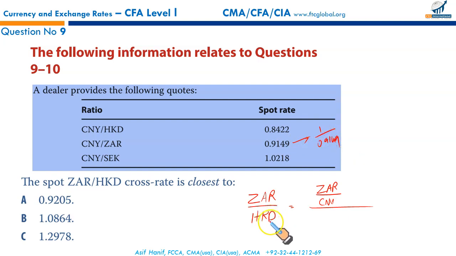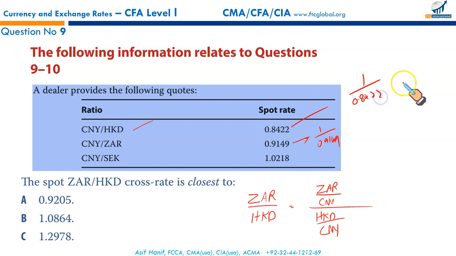And if I need Hong Kong dollar, so I would take the one that involves Chinese yuan, this one. So it's going to be HKD per Chinese yuan. It's going to be 1 over 0.8422.